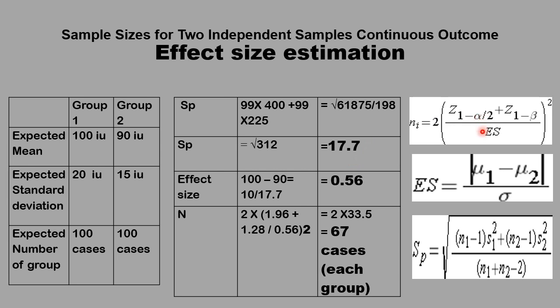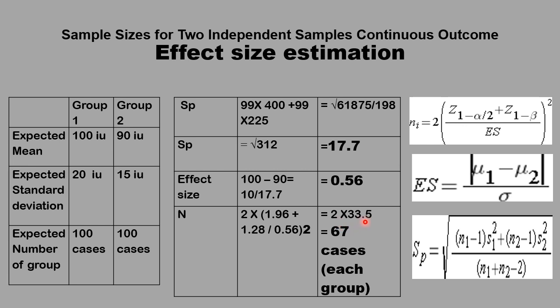Use this in the formula, and now for the z-score for the level of significance, we use 1.96, and the z-score for the power we use, because we are choosing a 90% power, 1.28, and divide this by the effect size that we have just calculated, which is 0.56, and multiply all by 2.